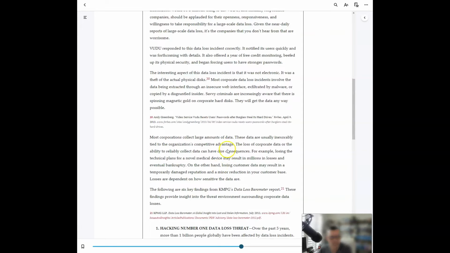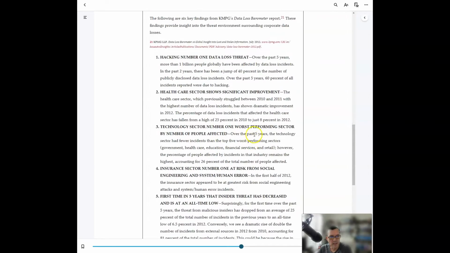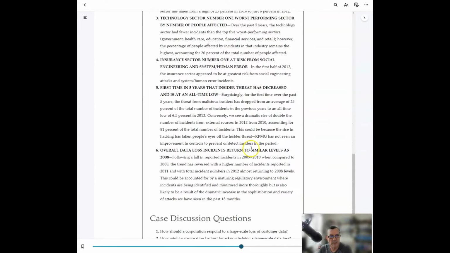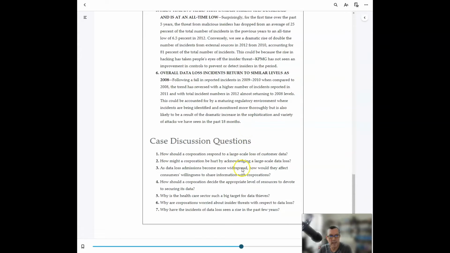And so we also give you in the textbook 6 key findings from KPMG, a third-party auditing firm. And they go into some various aspects about what are the data loss parameters that you want to look at. And then, as I already mentioned earlier, the discussion prompting questions.